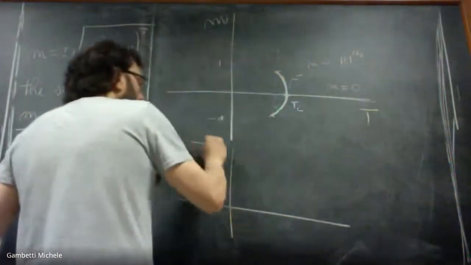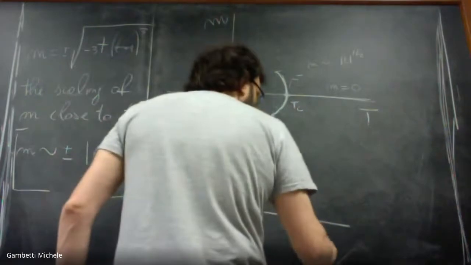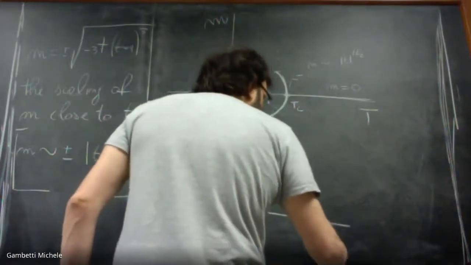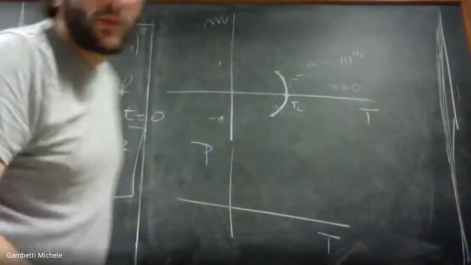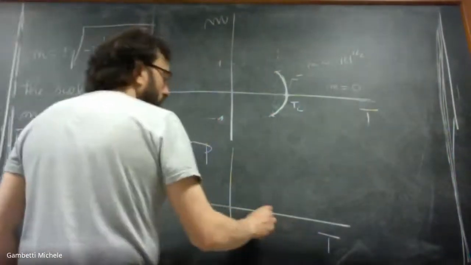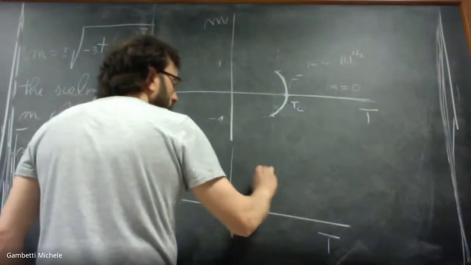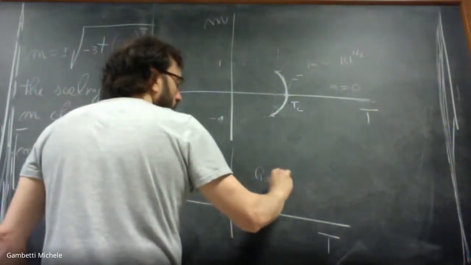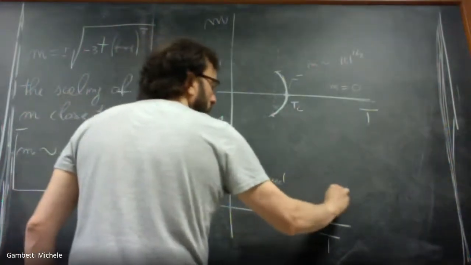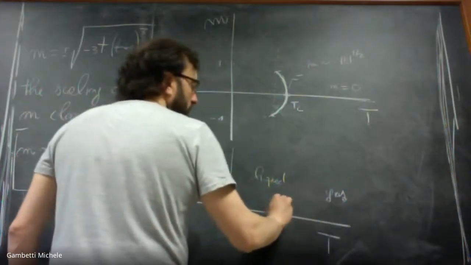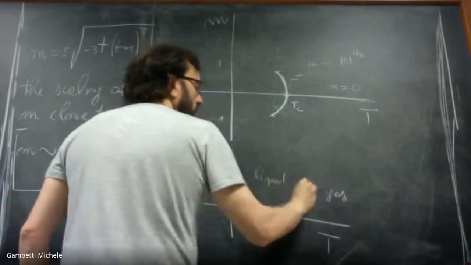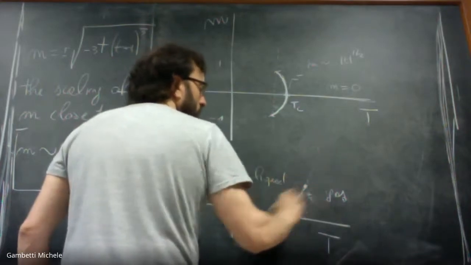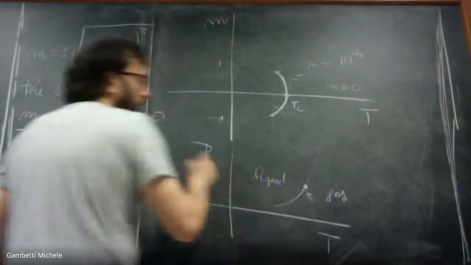Okay. So this basically is the same feature, at least qualitatively, of what happens in a liquid gas phase transition, in which we usually make the plot P versus T. And here I have a liquid and here I have a gas. And we say that there is a line of first order phase transition which ends in a critical point, which is this Tc and the critical value of the pressure.